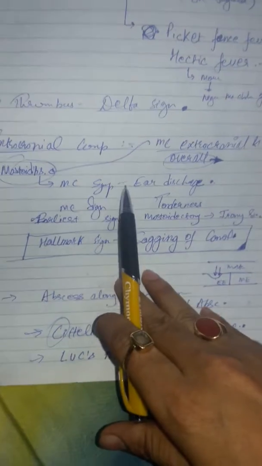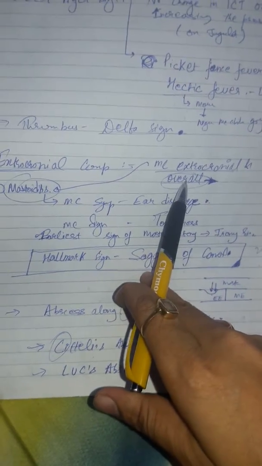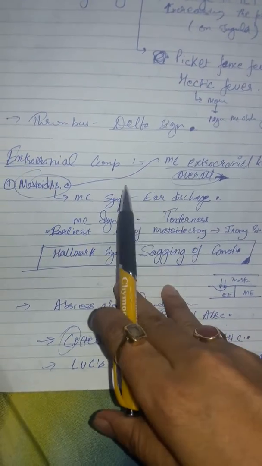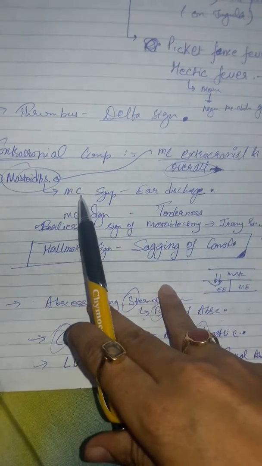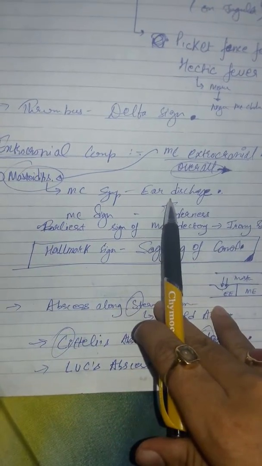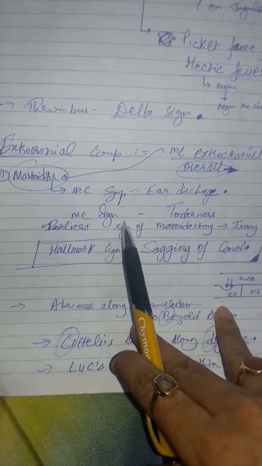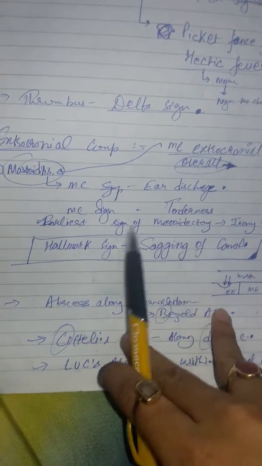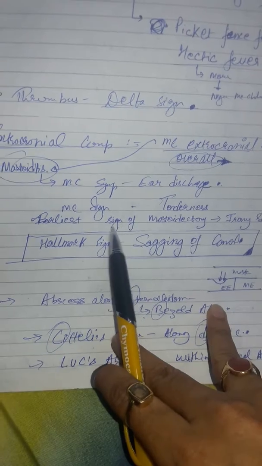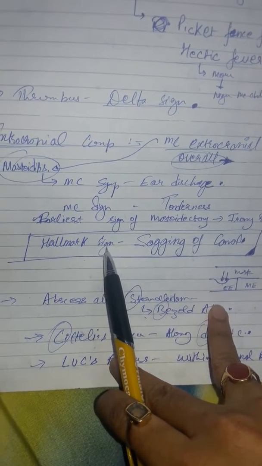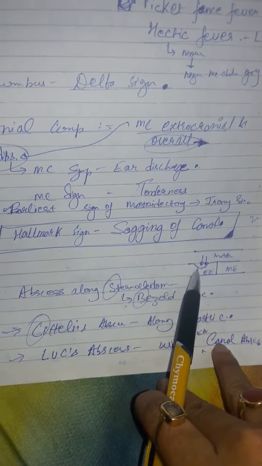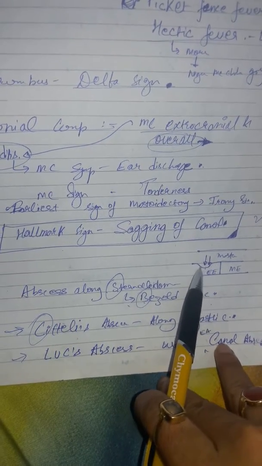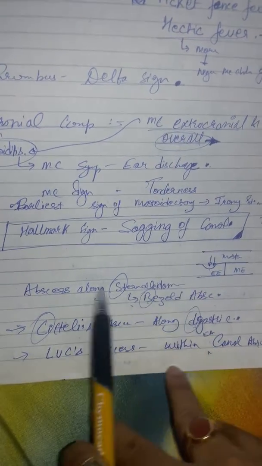Now the extracranial complications. As I have already told, the most common extracranial complication overall is mastoiditis. The most common symptom of mastoiditis is ear discharge, while the most common sign you can elicit is tenderness over the mastoid. The earliest sign or hallmark sign is sagging of the canal; you can see the canal wall sags down in the external auditory canal.